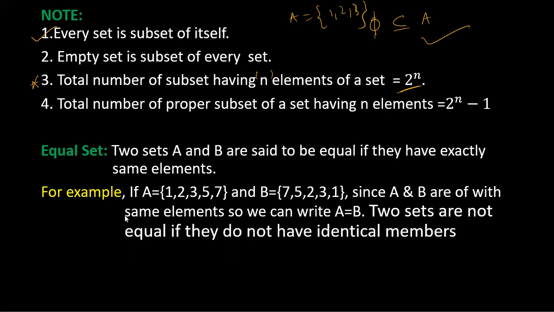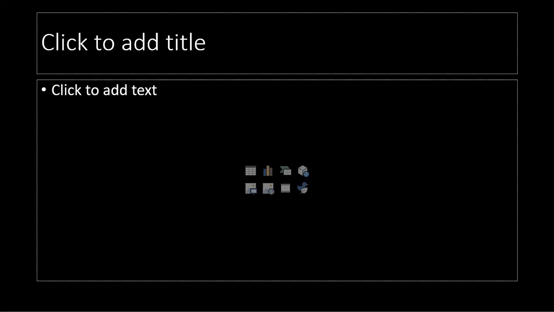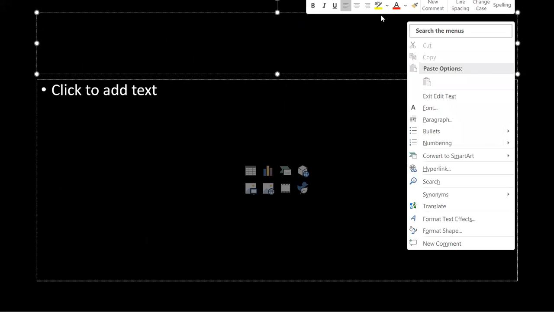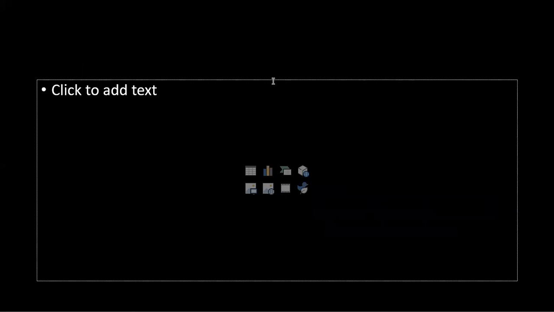And the total number of proper subsets of a set having n elements is 2 to the power n minus 1. What does it mean? Let me give you one example. Give me a minute.